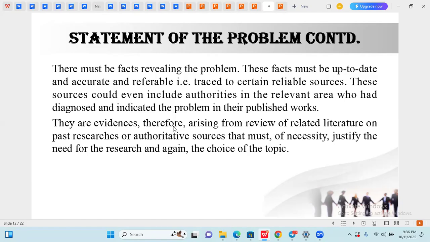There are evidences, therefore, arising from review of literature on past researchers or authoritative sources that of necessity justify the need for the research and again the choice of the topic.